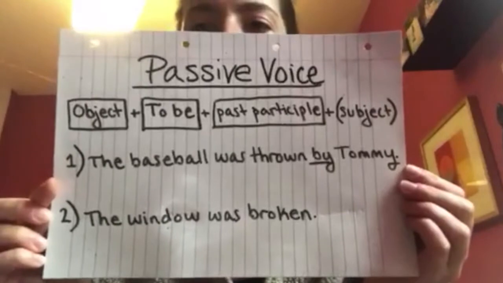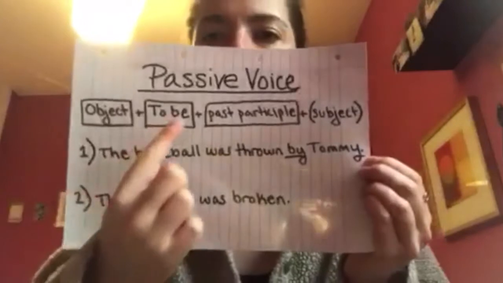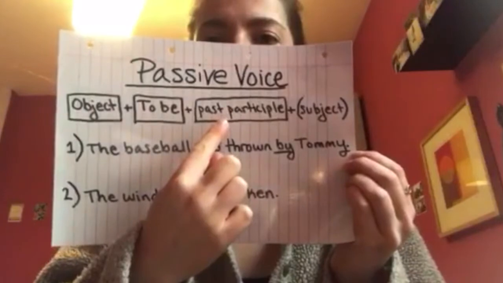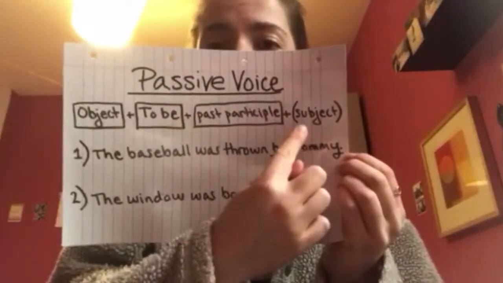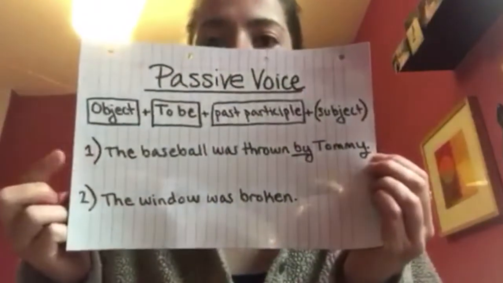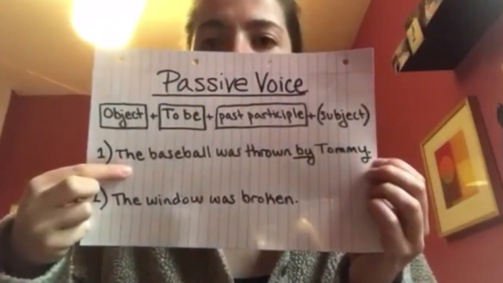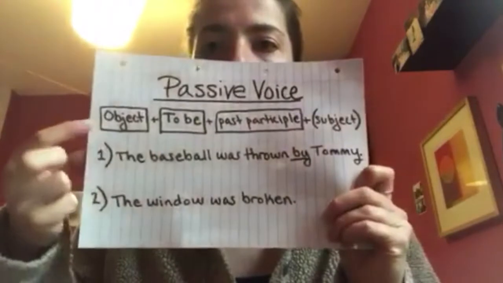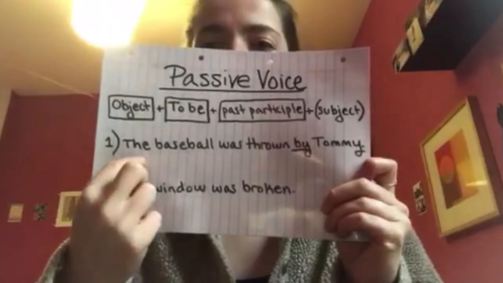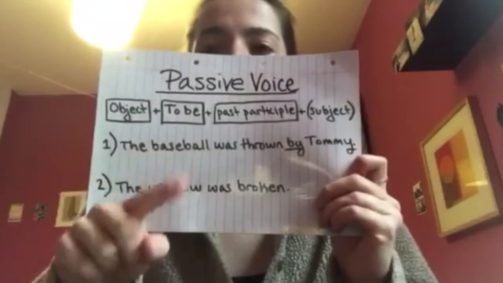So, in order to make the passive voice, we first have the object, then the verb to be, then the past participle, and then the subject if we know who the subject is. In example number 1, we have the baseball was thrown by Tommy. We have the object, which is the baseball, the thing that was being thrown, the thing that the action was being done to.